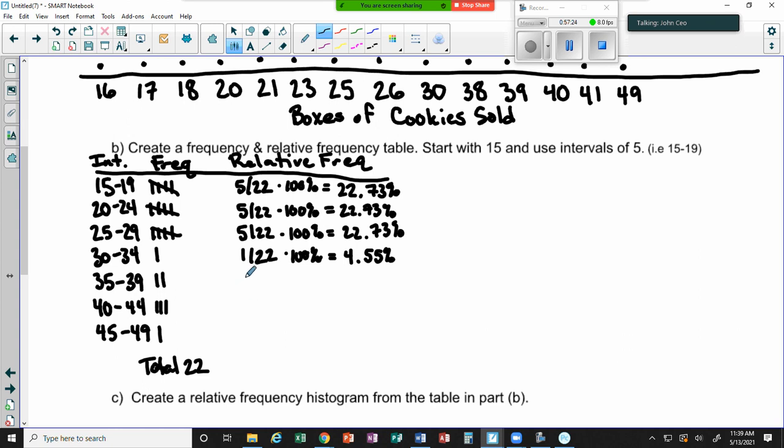All right, next one is going to be 2 out of 22 times 100. So it's going to be double that. 9.09.